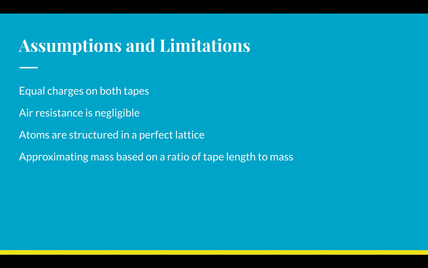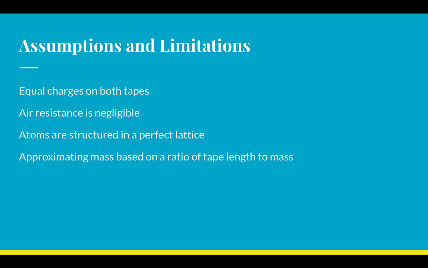And we have a couple of assumptions and limitations here. First, we assume that equal charges are on both tapes. This is probably false, seeing as we did not pull both tapes with the same force at the same angle, so that's a really big assumption to make. We also assume that air resistance is negligible, which is not a huge deal in this experiment due to the tape being so small.